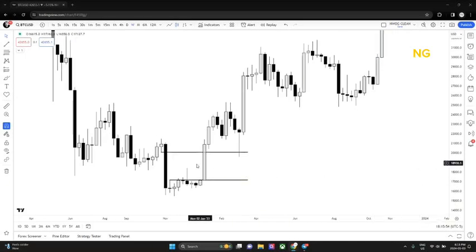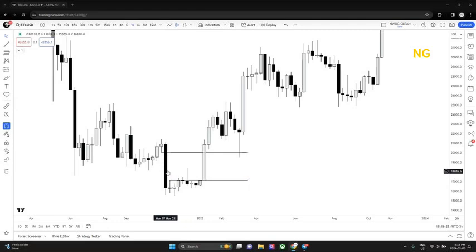So a balanced price range is where you have 2 fair value gaps overlap one another, right? You have like this one right here. See the low of the candle to the left, the wick is not overlapping with the one right here. So the candlestick in the middle has no wicks overlapping, right?